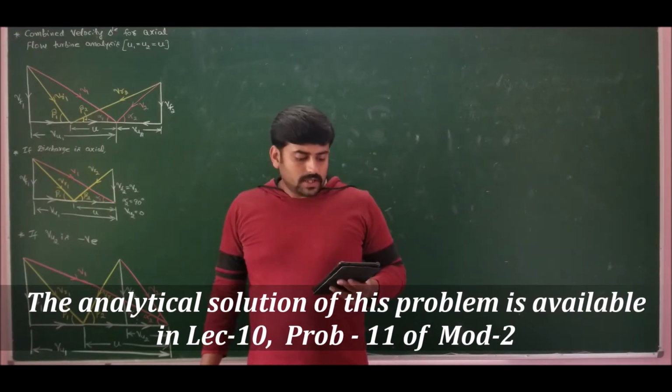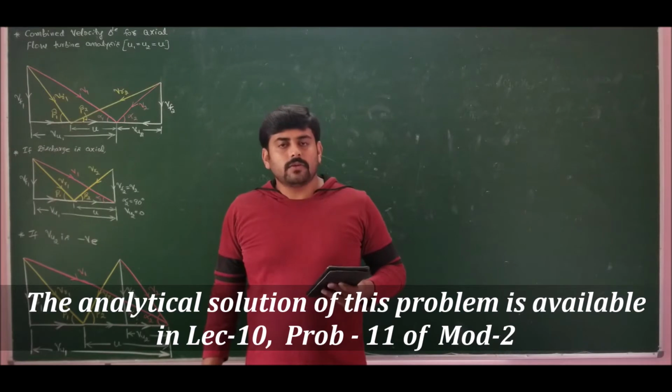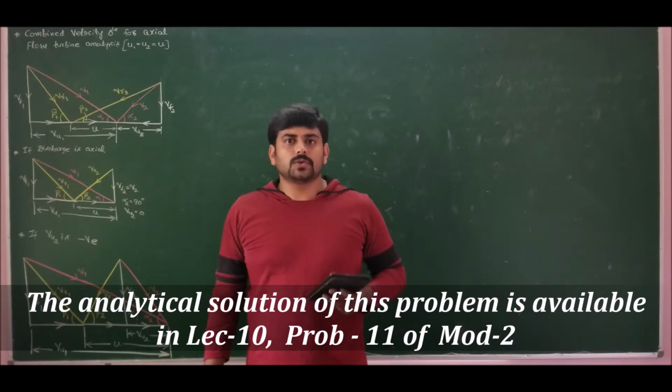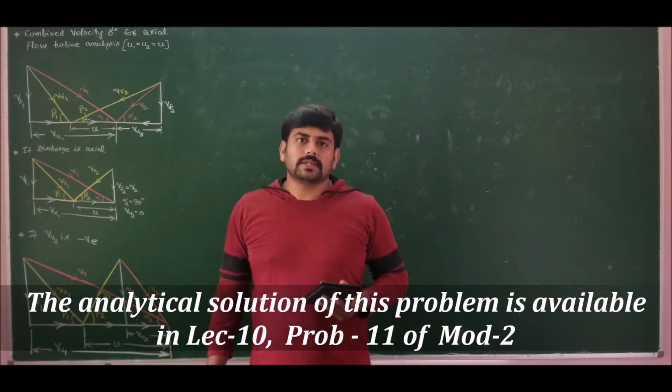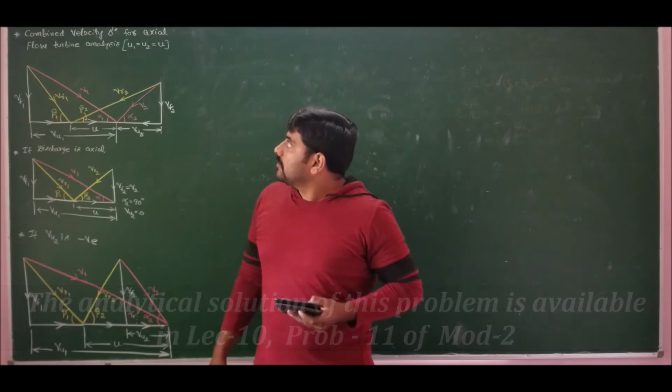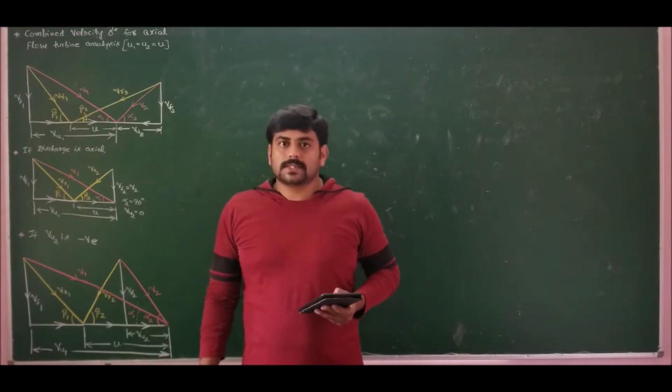But if you use the graphical method, it will be much easier to solve this problem compared to the analytical method. So I always recommend students to go for the graphical method whenever you solve problems on axial flow turbines.